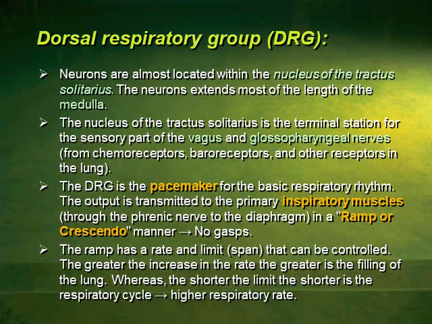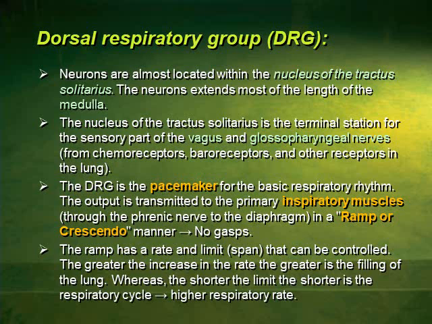Now let's understand the function of the dorsal respiratory group. Neurons of the dorsal respiratory group are almost all located within the nucleus of the tractus solitarius. The neurons extend most of the length of the medulla.